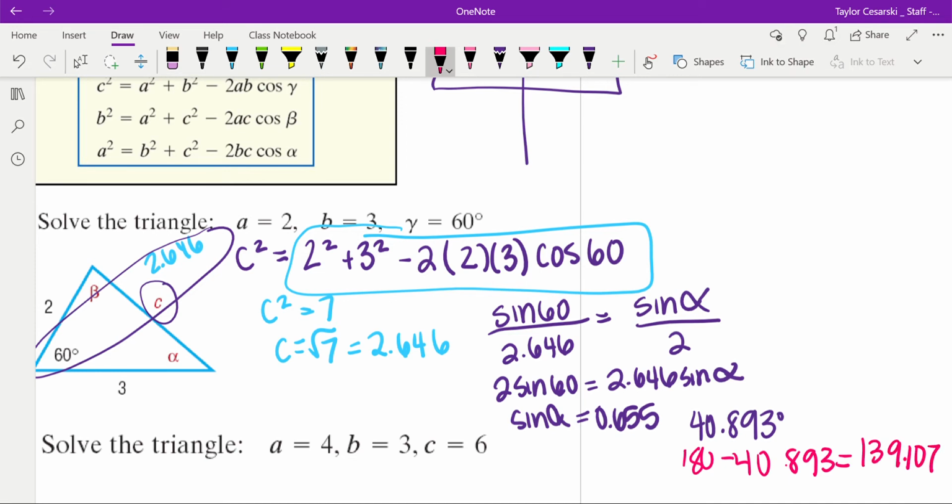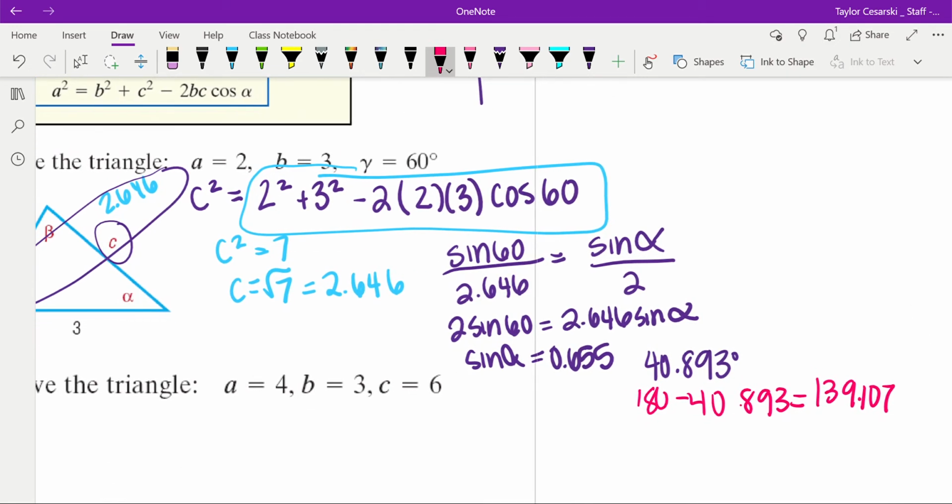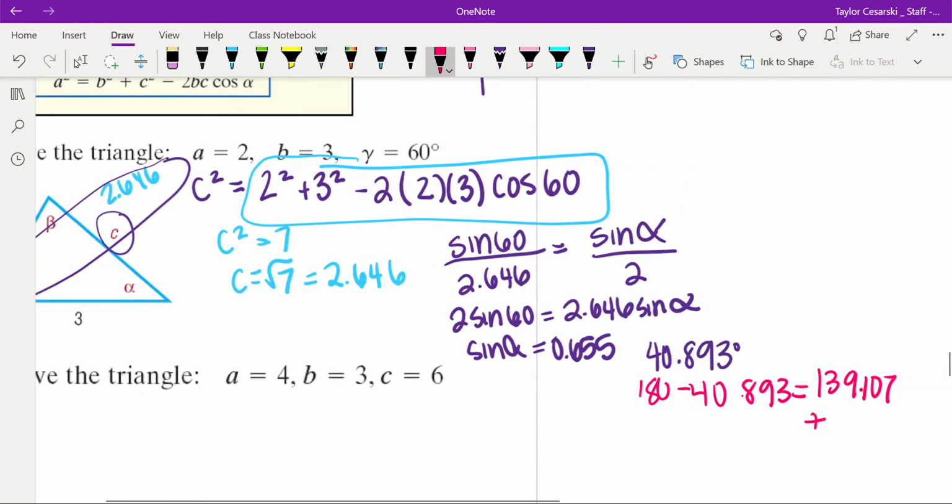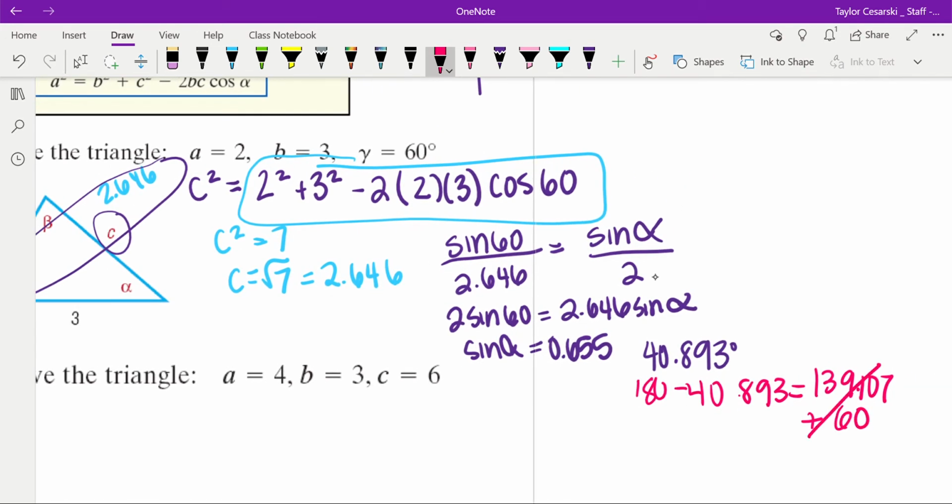Again, because remember, there's multiple places where sine can equal 0.655. Alright, so if I were to plug that back into my triangle, and I added 60 degrees, okay, well, that's not going to work. That's bigger than 180. So this is going to be my only possibility for alpha, or A.